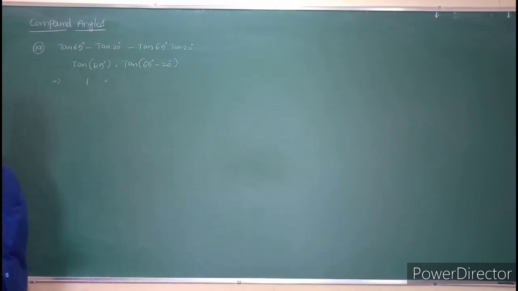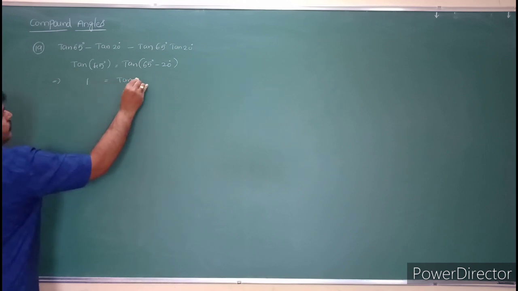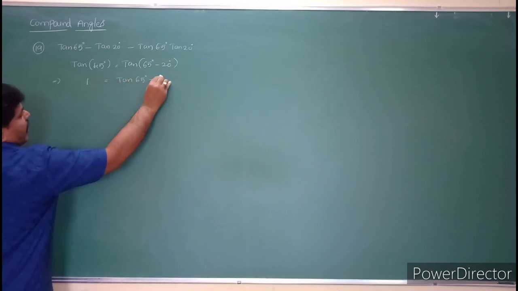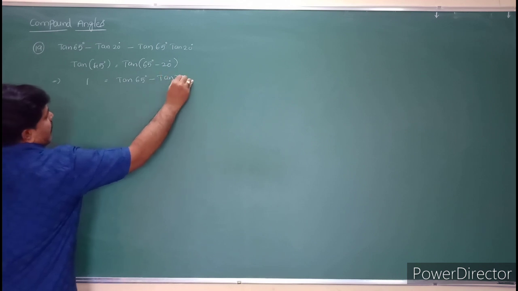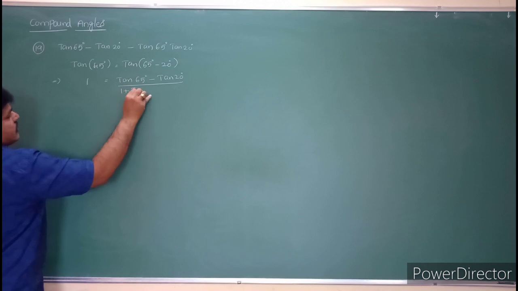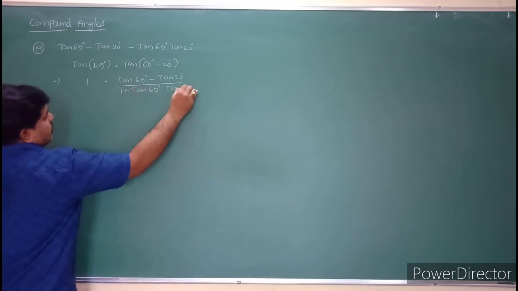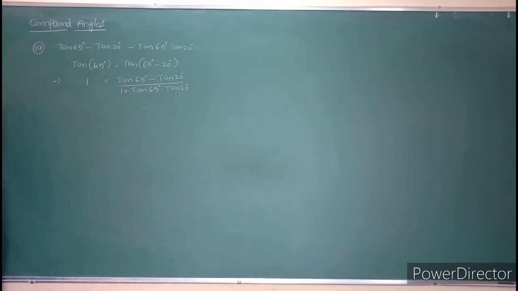What is the tan of a minus b formula? You know that it is tan a minus tan b by 1 plus tan a tan b. So 1 equals that, and I will take the denominator to this side.